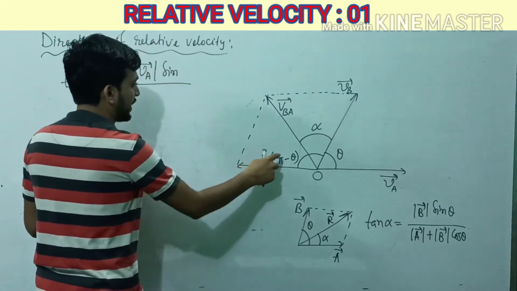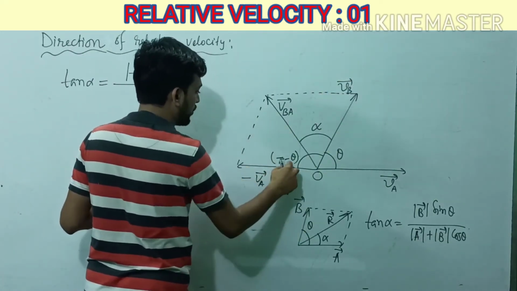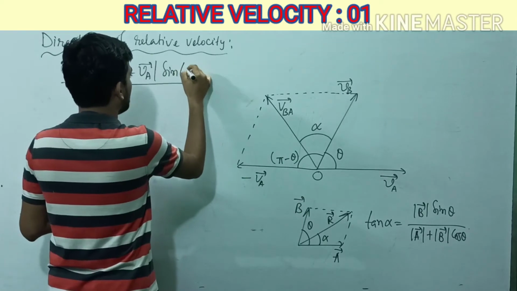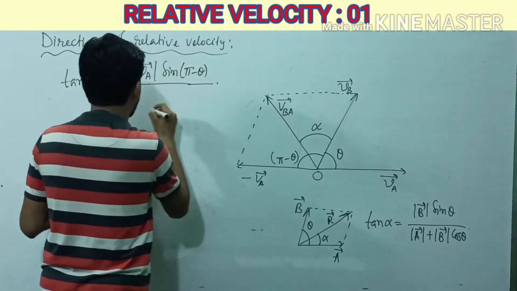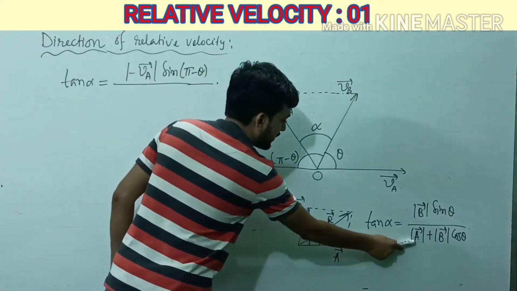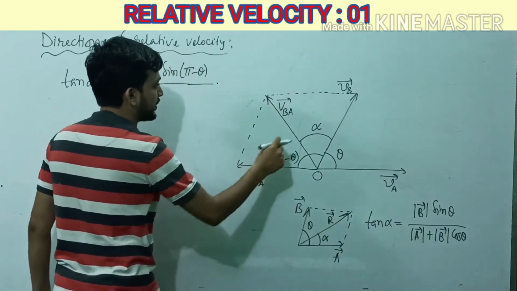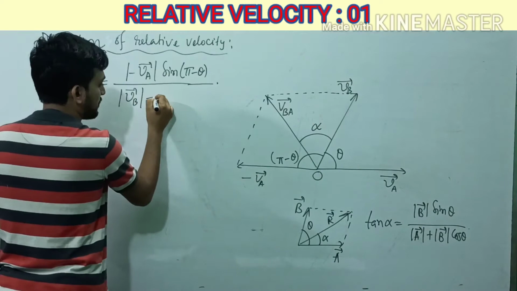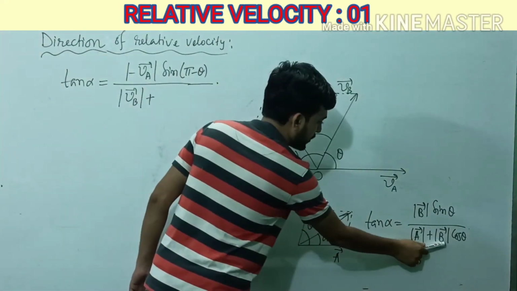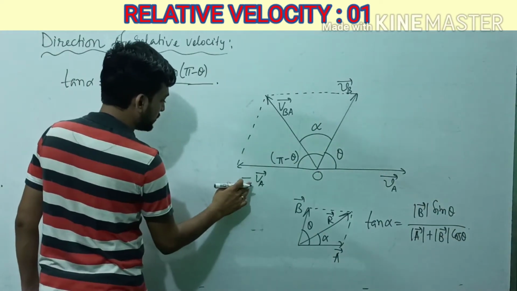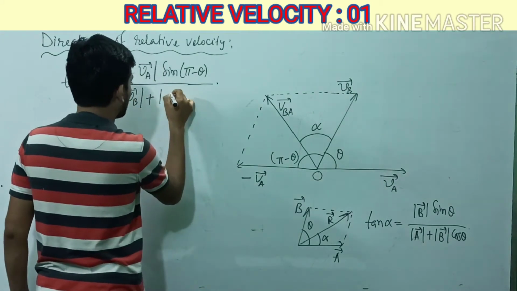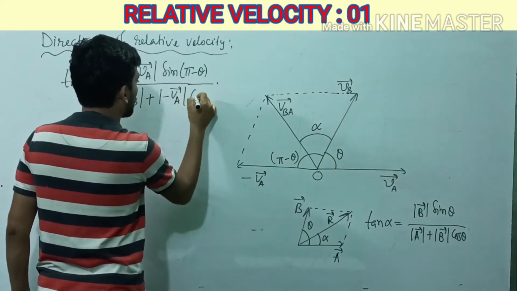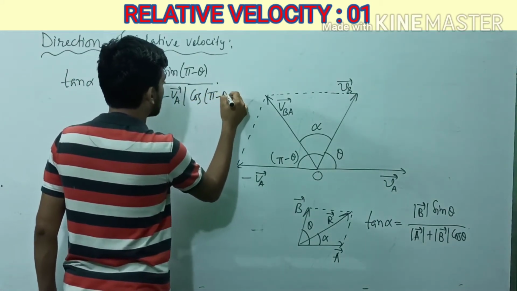So the angle between VB vector and minus VA vector will be pi minus theta. Sin(pi minus theta) by mod A vector. What is the A vector here? VB vector. So you have to write mod VB vector plus mod B vector cos theta, where mod B means mod minus VA vector, cos(pi minus theta).